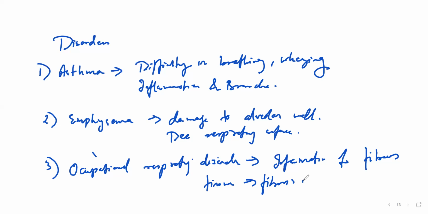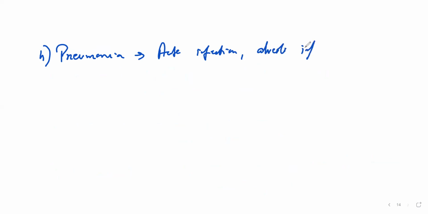And the last one is pneumonia. Pneumonia is basically an acute type of infection. Here also the alveoli get inflamed. Pneumonia is basically due to a bacteria called Streptococcus pneumoniae.